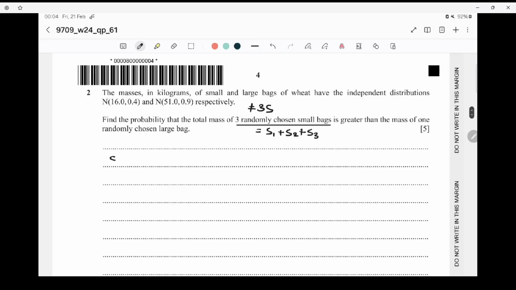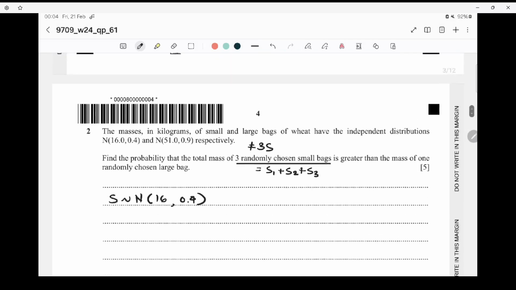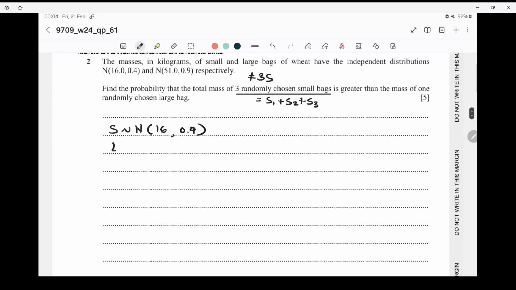S represents a small bag, normally distributed with mean 16 kg and variance 0.4. L is the large bag, with mean 51 and variance 0.9.